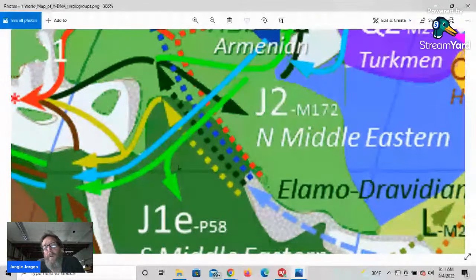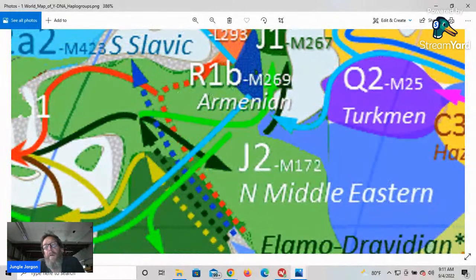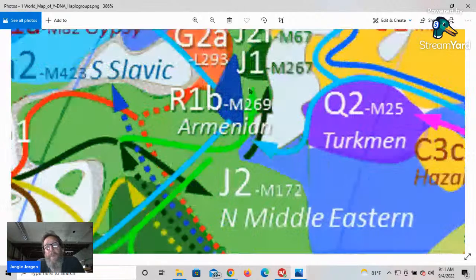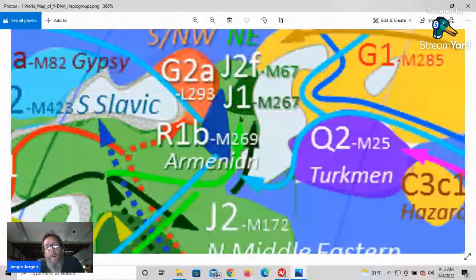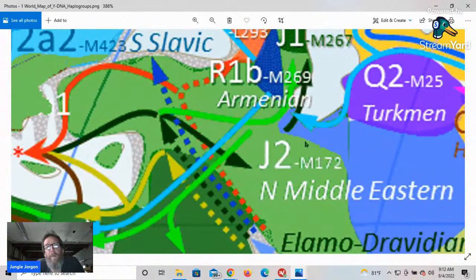Of course, when they were expelled, and Josephus talks about the number of Jewish people that were expelled in these areas here, we can see that they're still there.